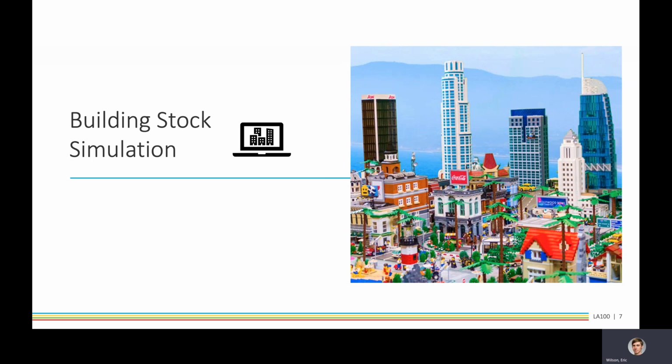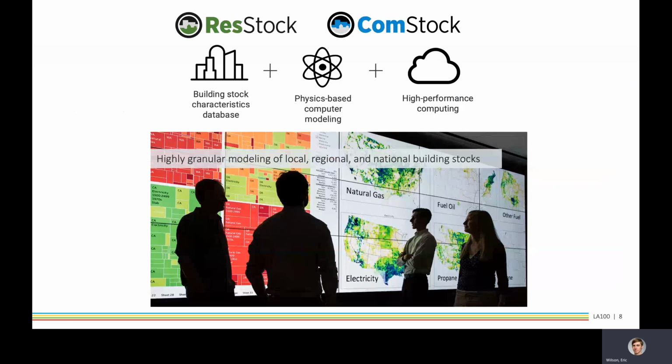So a little bit of background on the ResStock and ComStock tools. These tools bring together three key components that enable us to get a really high granularity look at residential and commercial building stocks. So one, they include a detailed database of building stock characteristics that we've compiled from dozens of different data sources for the United States.